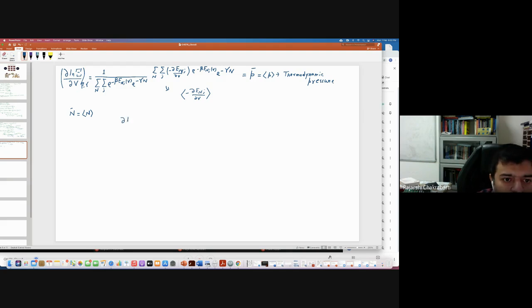You'll see that if I take the log of this partition function and differentiate with respect to gamma, keeping beta and V constant, you will get one over this thing coming down, which is this one. Sorry, I should be careful while writing.